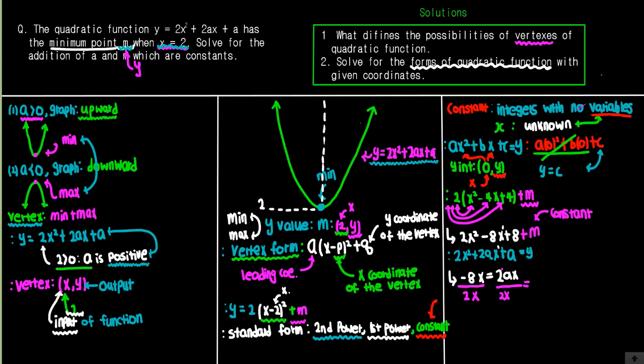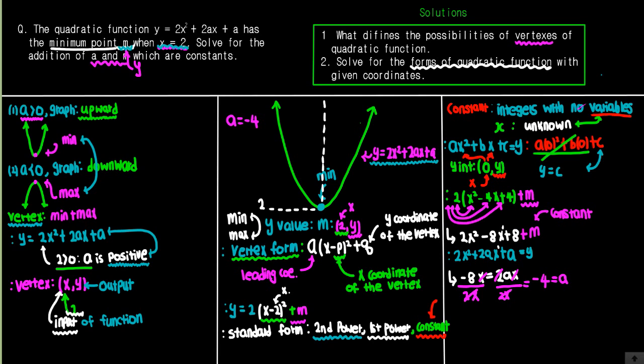Then we're going to get 2x, and this is going to turn into negative 4 is equal to a. So they told us to find the addition of a and m. Our a value is going to be negative 4, and we don't have to calculate this.